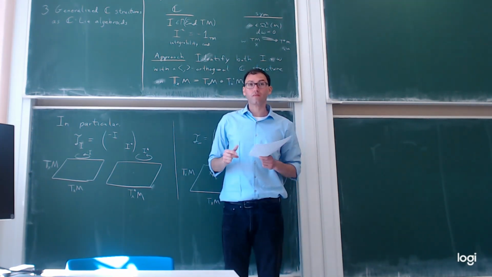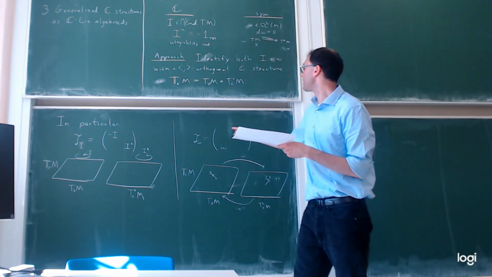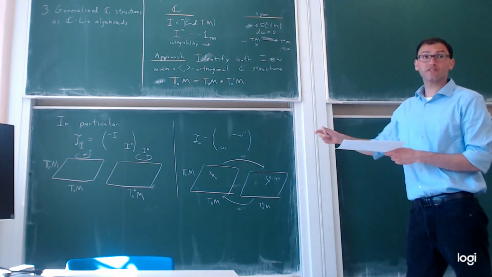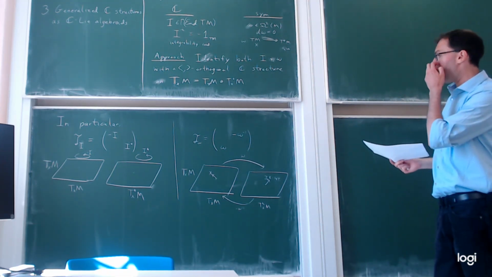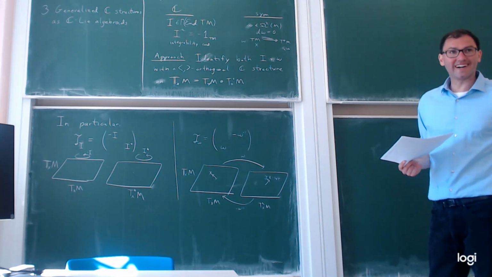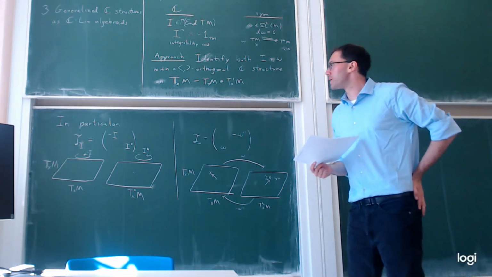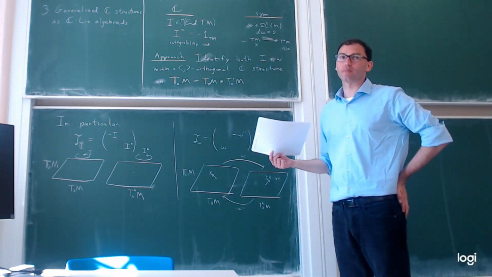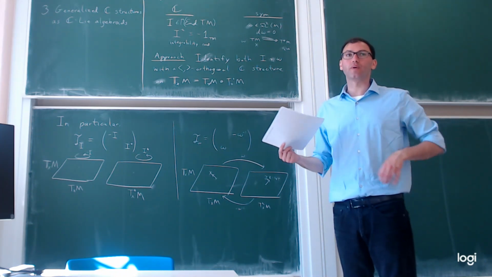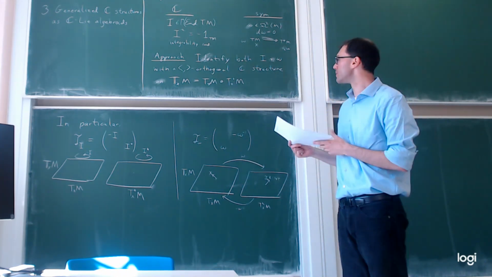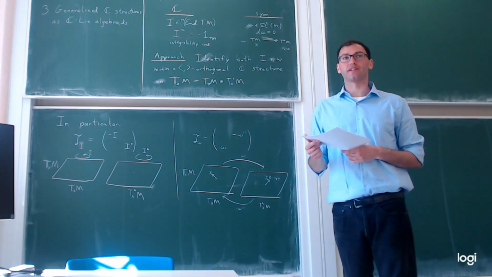So it doesn't form a vector space in general. We can't just add any two generalized complex structures and get another generalized complex structure.